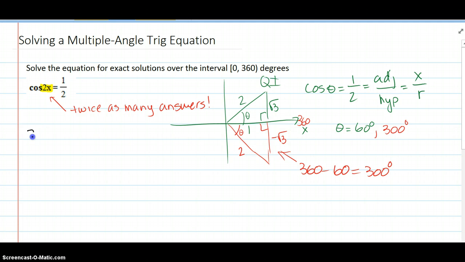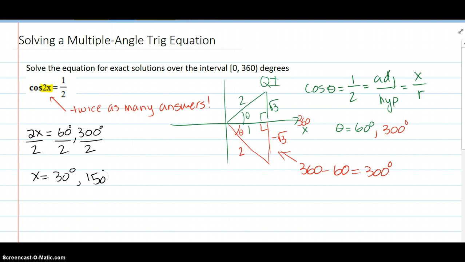Because if we replace 2x by theta here, we got the answers of 60 and 300 degrees. If you divide everything by 2, you get x equal to 30 degrees and 150 degrees.